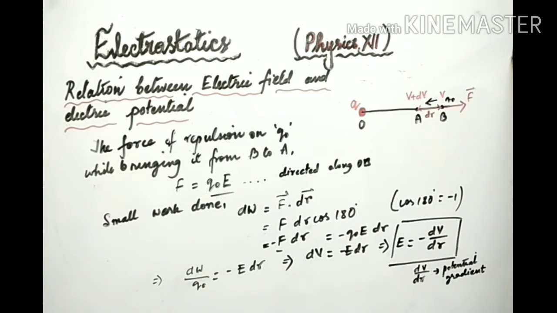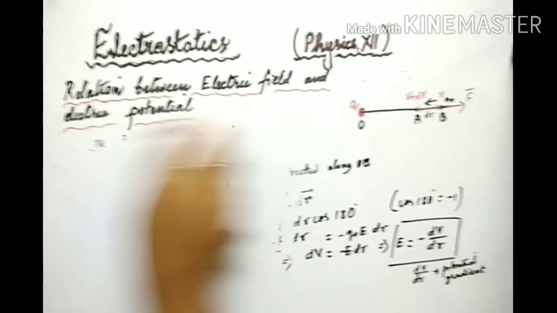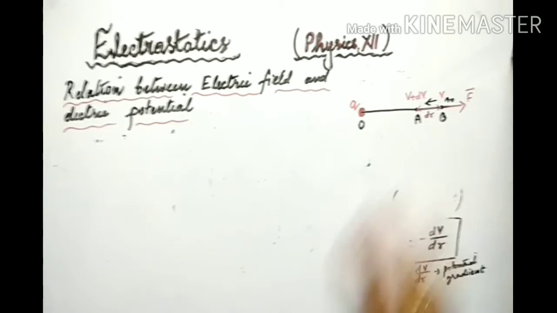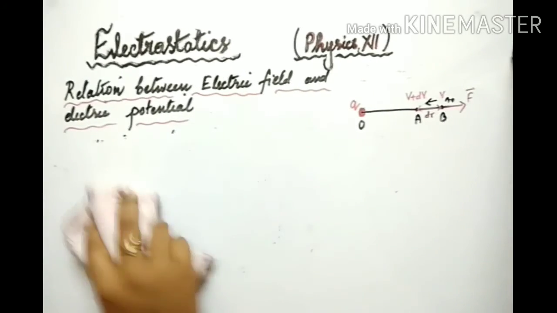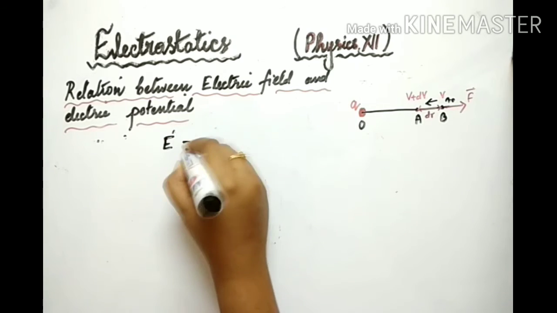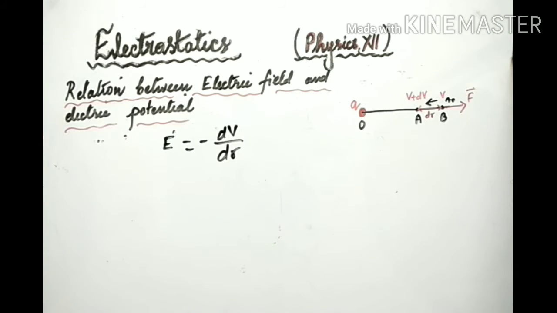Now this formula can be written in other way also. Let us see now. So let us write it again in this manner, E equals minus dV by dr. Now suppose you are asked to find out the potential from the electric field.